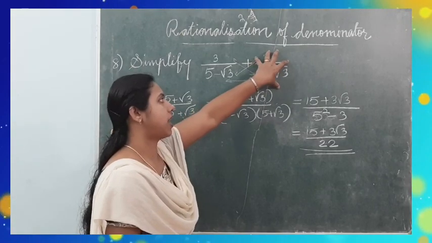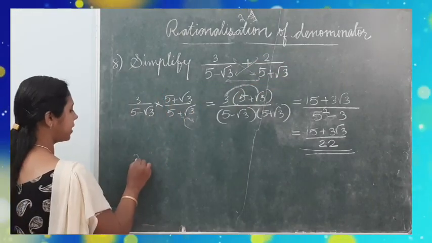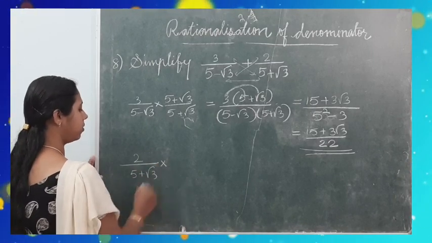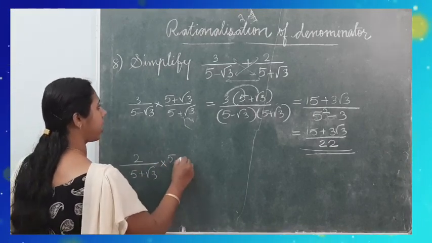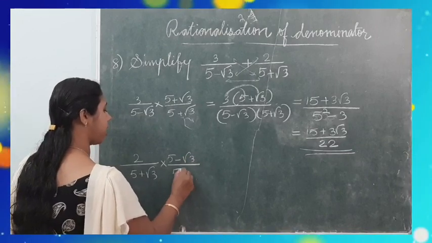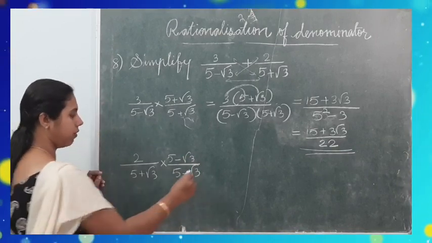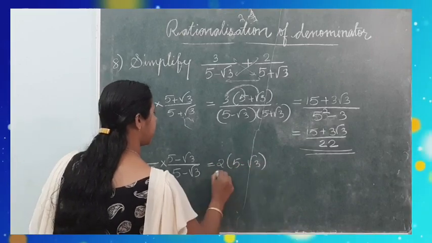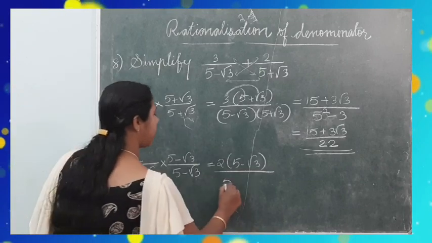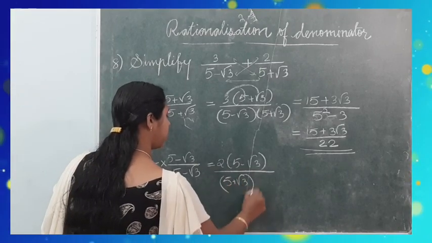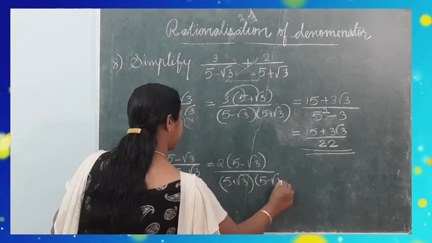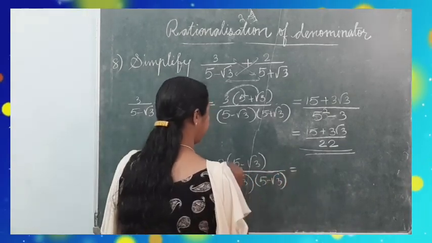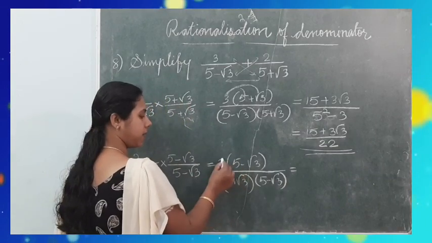Now in the same way, rationalize the second term, that is 2 by 5 plus root 3, into the rationalizing factor 5 minus root 3 by 5 minus root 3, which is equal to 2 into 5 minus root 3 divided by 5 plus root 3 into 5 minus root 3. Multiply both terms by 2.